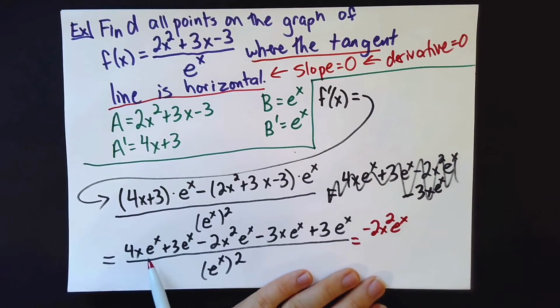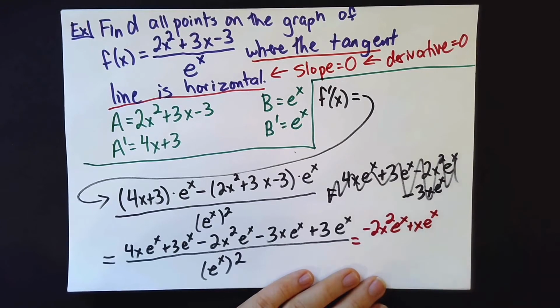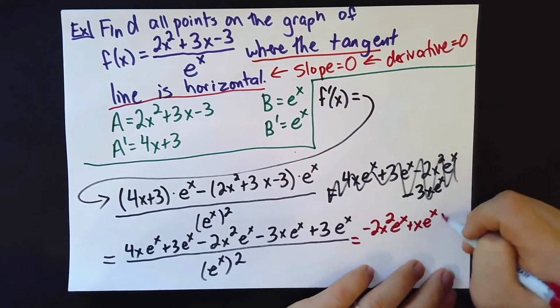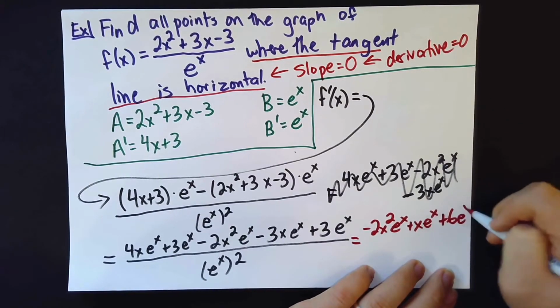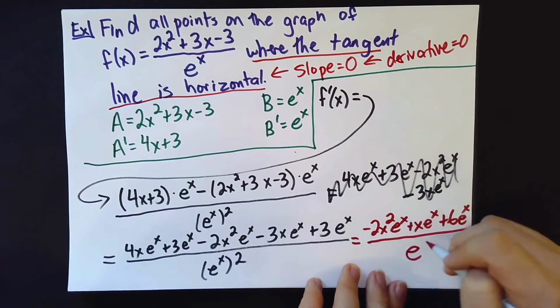I have a 4x e to the x and a minus 3x e to the x. So that is going to be a plus x e to the x. And I have a plus 3 e to the x and a plus 3 e to the x. So that is going to be a plus 6 e to the x. Okay, and this denominator here is going to be e to the 2x.